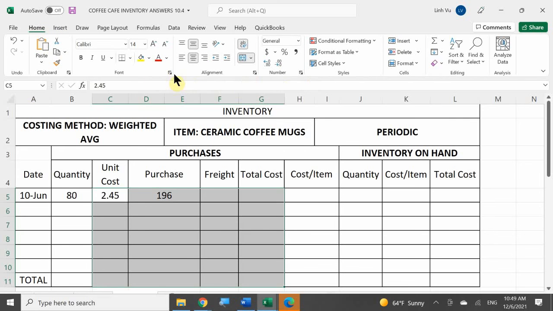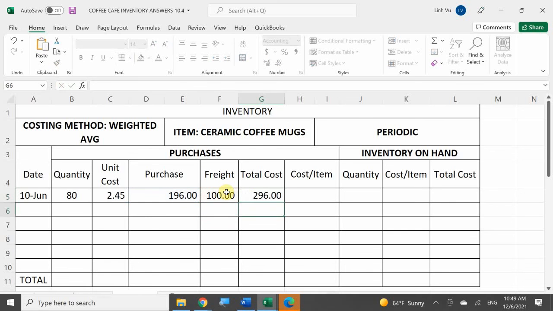So in this case, I had a freight of $100. So then my total cost here is going to give me $296.